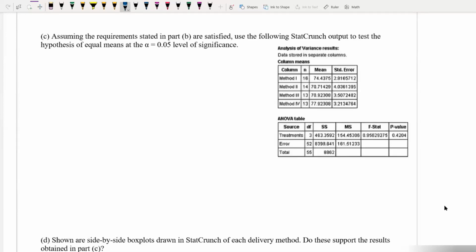I'm going to write the steps here. This part is asking to test, meaning that we have to write all these 6 steps. We already had this part in part A, so I'm going to rewrite it. Instead of writing it this way, you can write 1, 2, 3, 4. It doesn't matter.